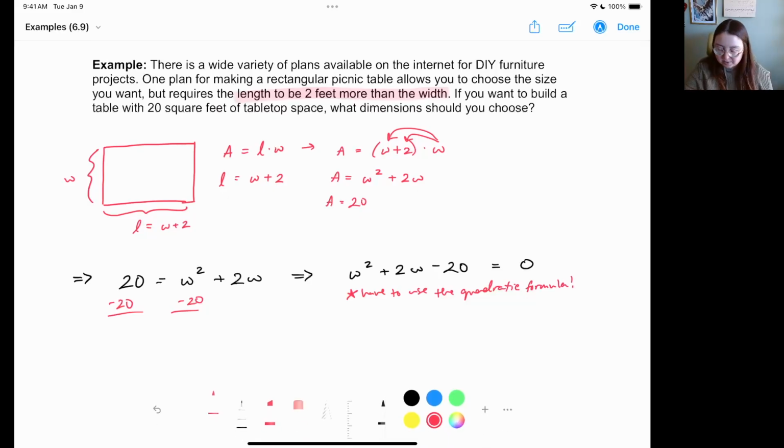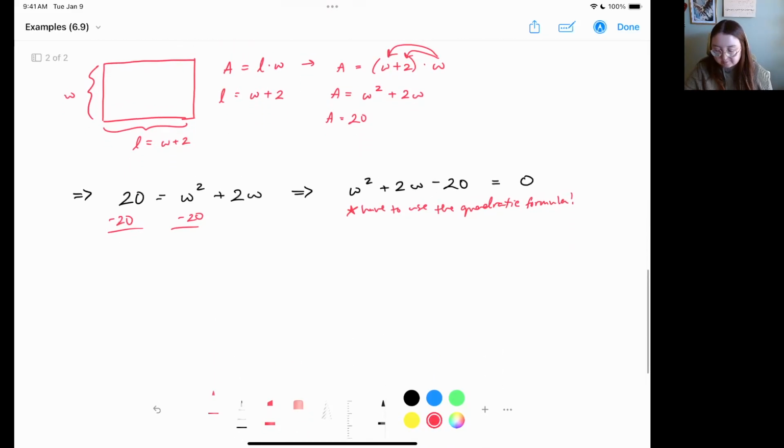So since we have to use the quadratic formula, we're going to go ahead and just get that started. So there's no number in front of w squared, which means a equals 1, b is 2, and c is negative 20. So we're going to go ahead and plug these into the quadratic formula. So remember, it was negative b plus or minus the square root of b squared minus 4ac, all divided by 2a.